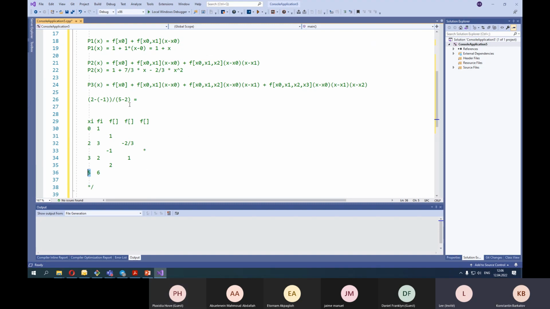Here the computations are not so simple. We have 1 minus 2 over 3, over 5 minus 0 over 5. Please compute it.